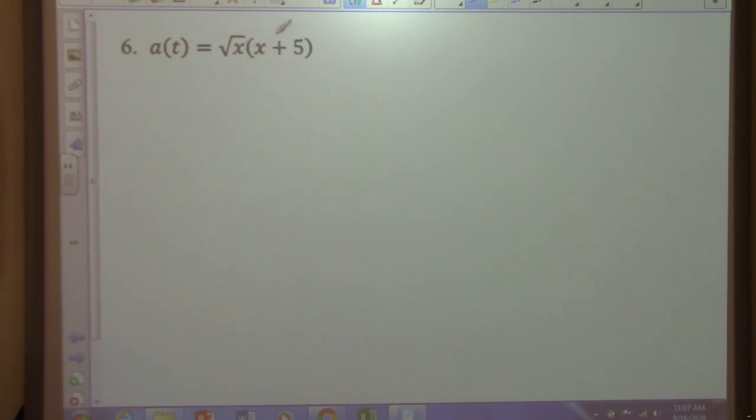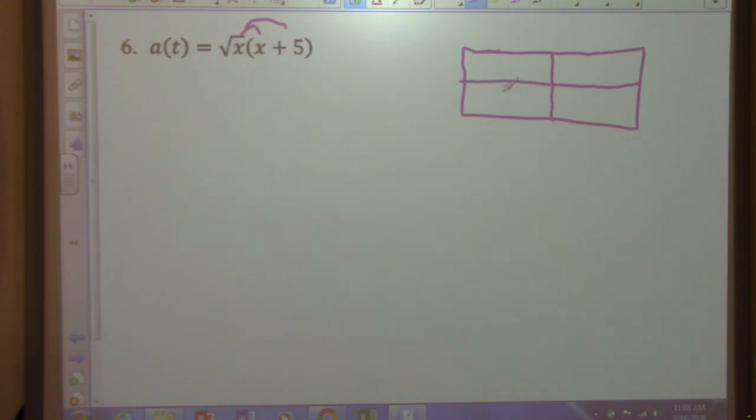This one here, you could distribute here and do that. But if you do it like this, you'll have square root of x, and here you'll have 1 over 2 square root of x. Did you get that? Then you have x plus 5 and 1.